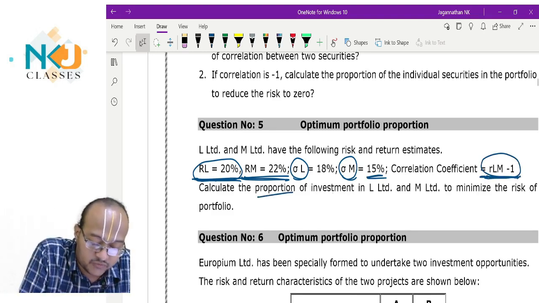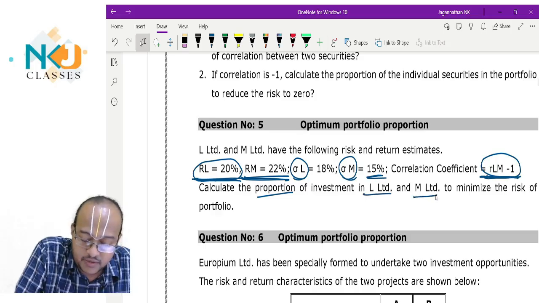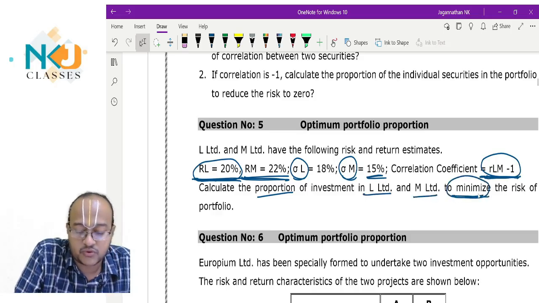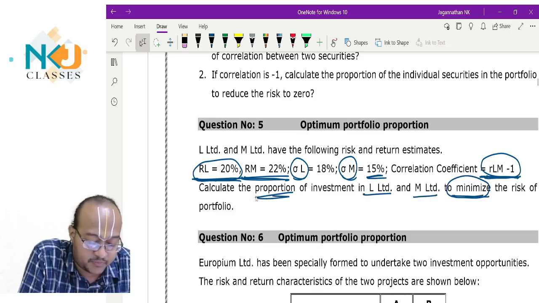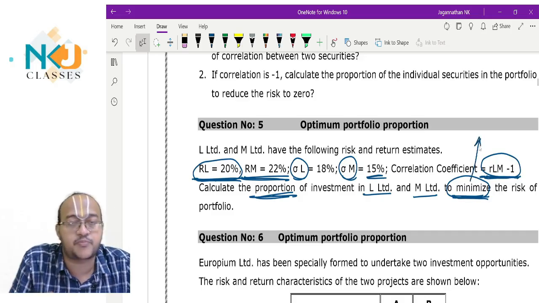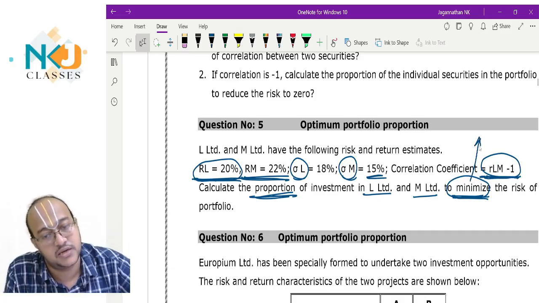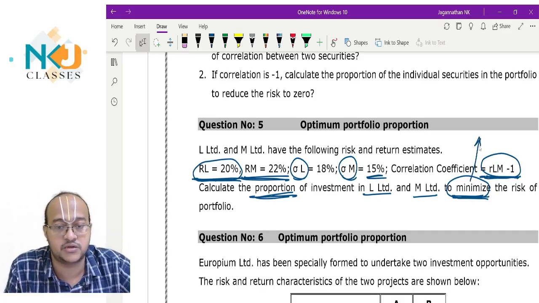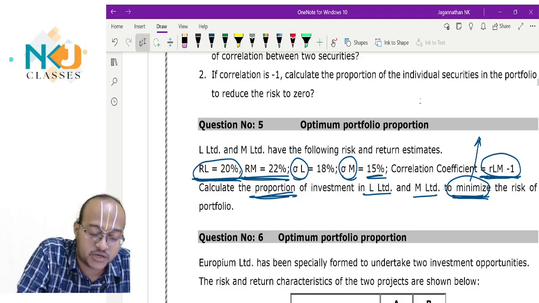Calculate the proportion of investment in L limited and M limited to minimize the risk of the portfolio. If the correlation is -1, can you bring the portfolio risk to 0? Yes, in such a proportion we can bring the portfolio risk even to 0. How to calculate that proportion?